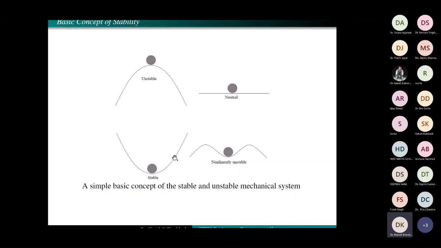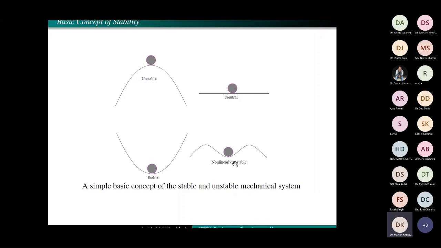Now the fourth one is very interesting. The ball is here. If you introduce a disturbance, the ball will go either here or here. It may go downward and be unstable, or if the disturbance is put here, it remains here. So two situations can be created, depending on the strength of the disturbance.